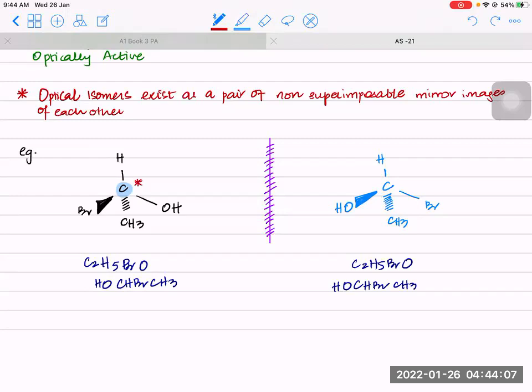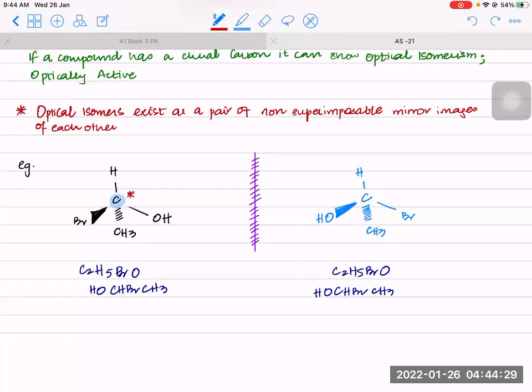Why do we call them positive and negative? Because one of these two will be a useful isomer, one may be a useless or a harmful isomer, right? So that's why we call these positive and negative, or D and L, because I will just explain why.